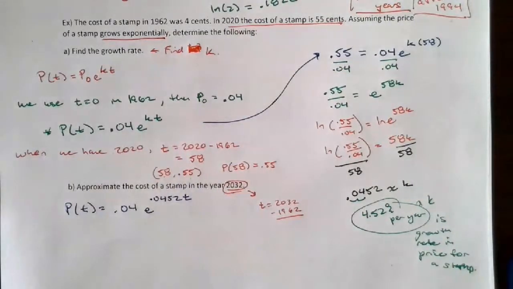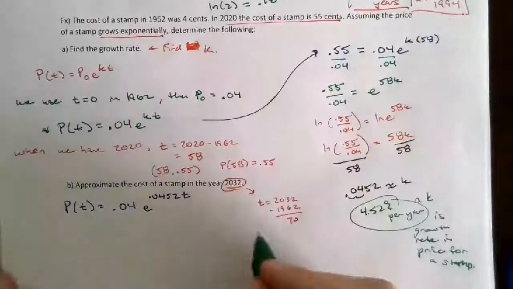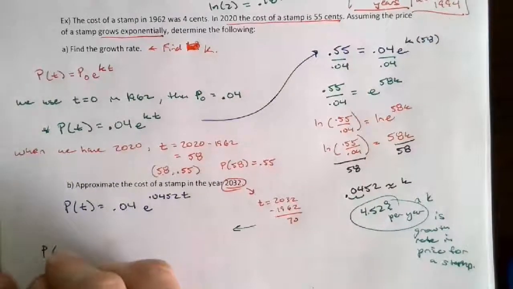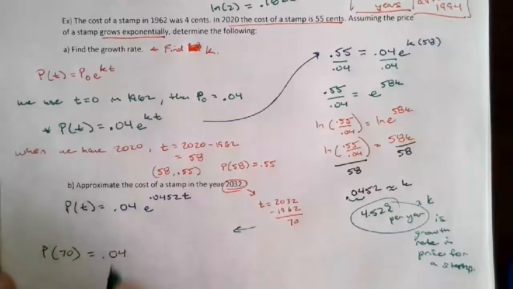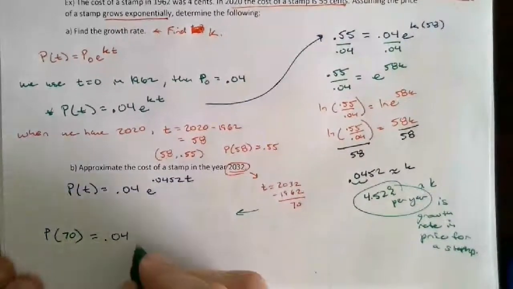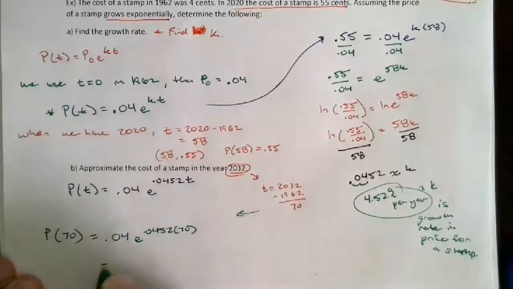So what's that give us? 70. Let's just make sure: 2032 minus 1962 is 70 years. So what I'm really asked to find here is P of 70. So that equals 0.04 e to the 0.0452 times 70. And we can just evaluate this.